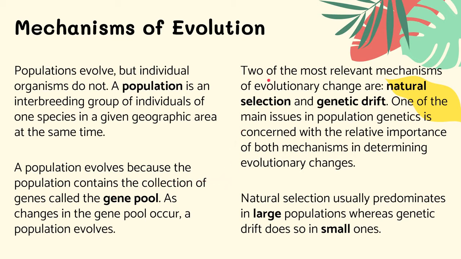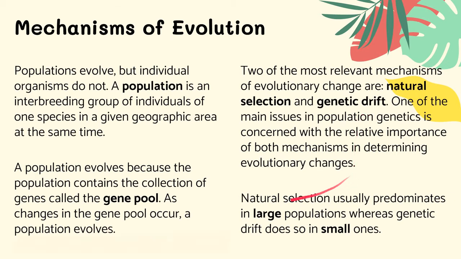Next, two of the most relevant mechanisms of evolution are natural selection from Charles Darwin, we will discuss that, and genetic drift. Okay? So there's not just a single pathway to evolution. Organisms can also evolve through genetic drift. Okay, one of the main issues in population genetics is concerned with the importance of both mechanisms in determining evolutionary changes in species.